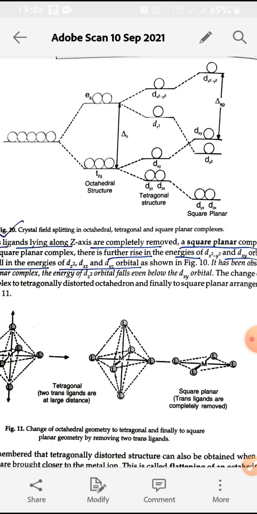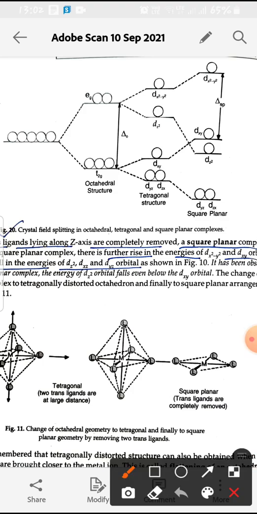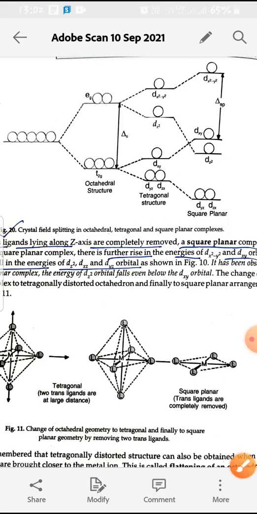So there will be splitting: dyz and dzx having lower energy and dxy having high energy, and in the Eg set dz square having lower energy and dx square minus y square having high energy. So this is the tetragonal splitting.